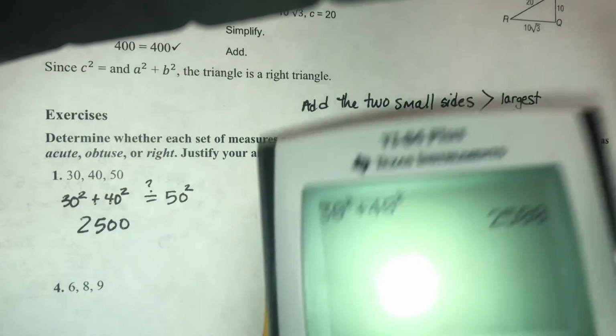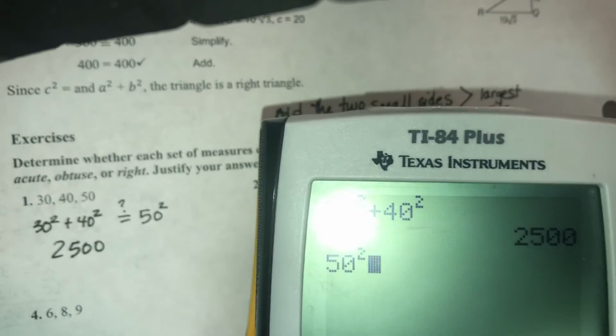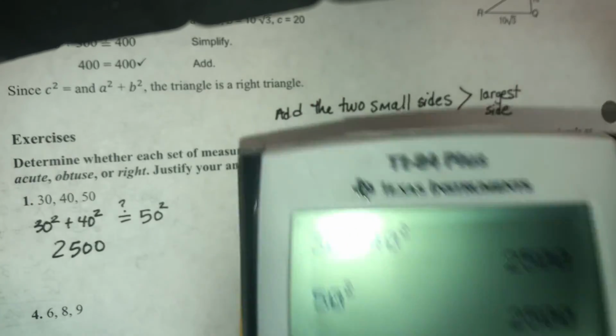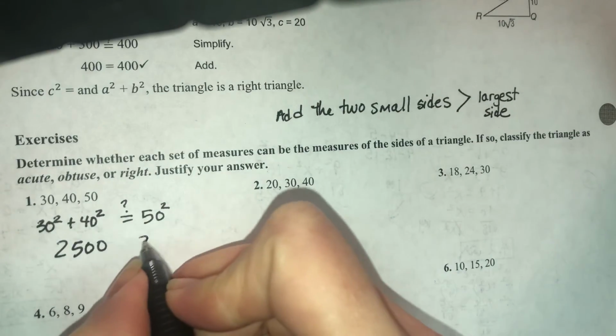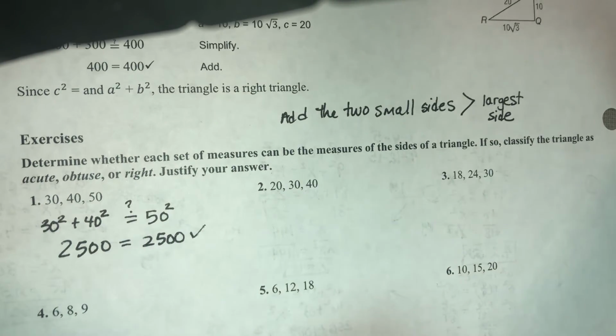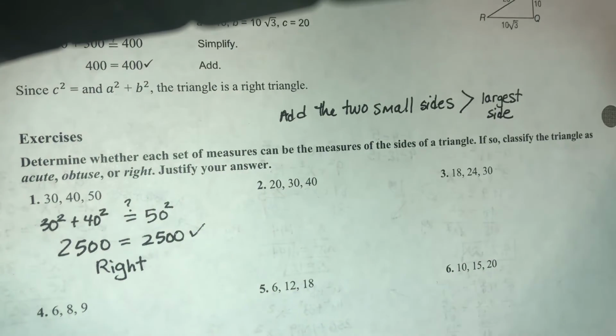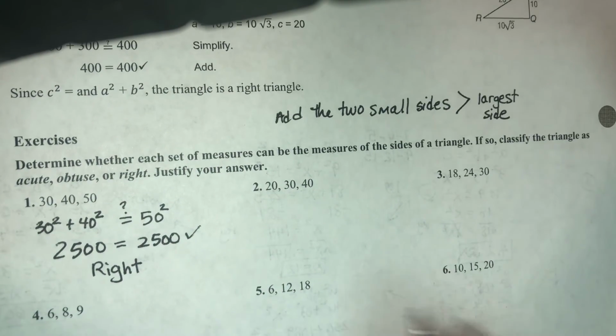And let's compare that to 50 squared. Oh, 50 squared is 2,500 as well. What do you know? They are equal, which means this makes a right triangle. Okay? Now let's look at number 2.